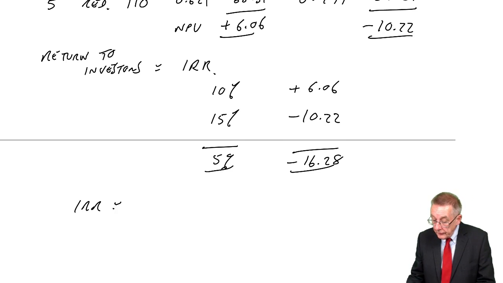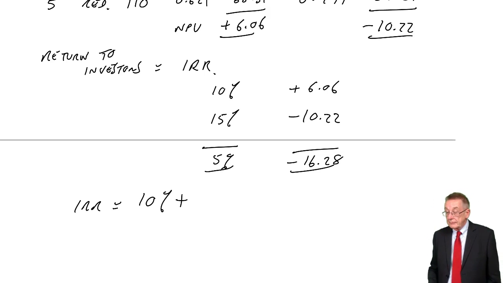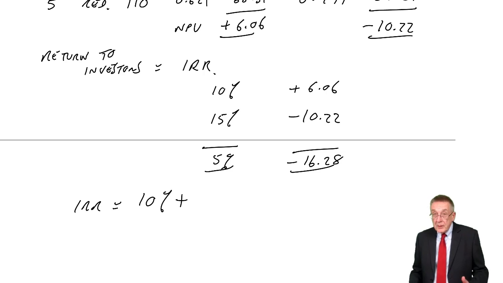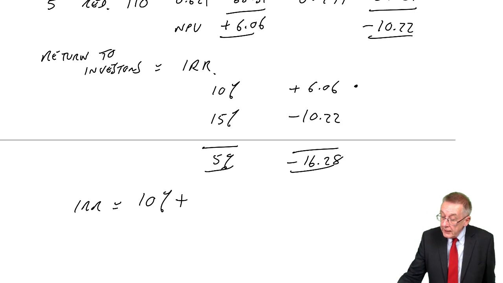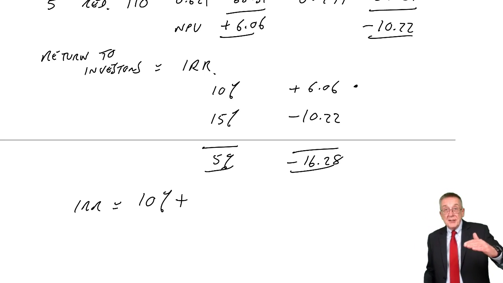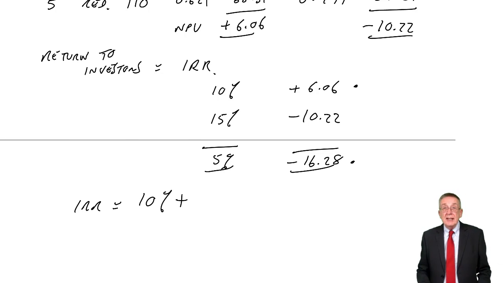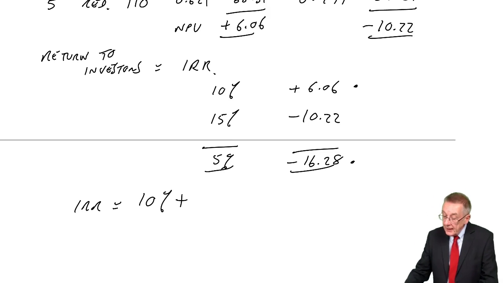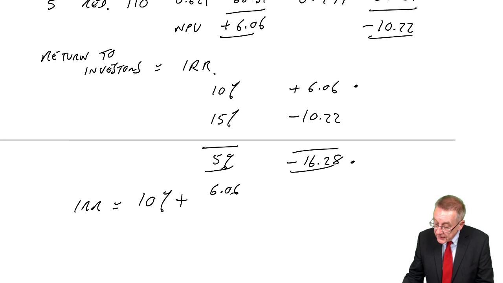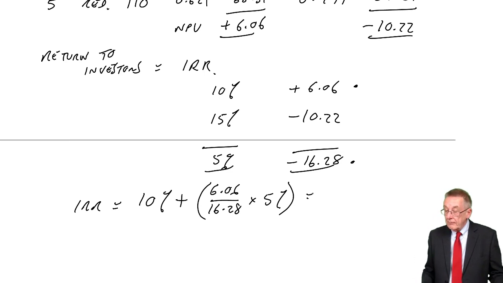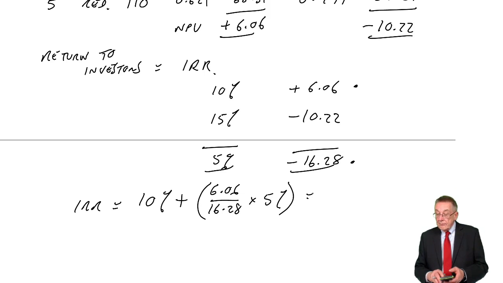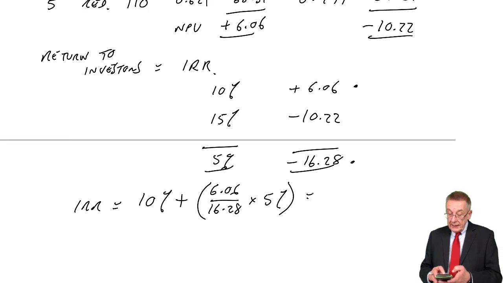The IRR, therefore, we know is more than 10%. How much more? Well, to get to 0, we need the NPV to fall by 6. We know that a fall of 16 is 5 percentage points. So it's 6/16 of 5 percentage points, which gives an internal rate of return.